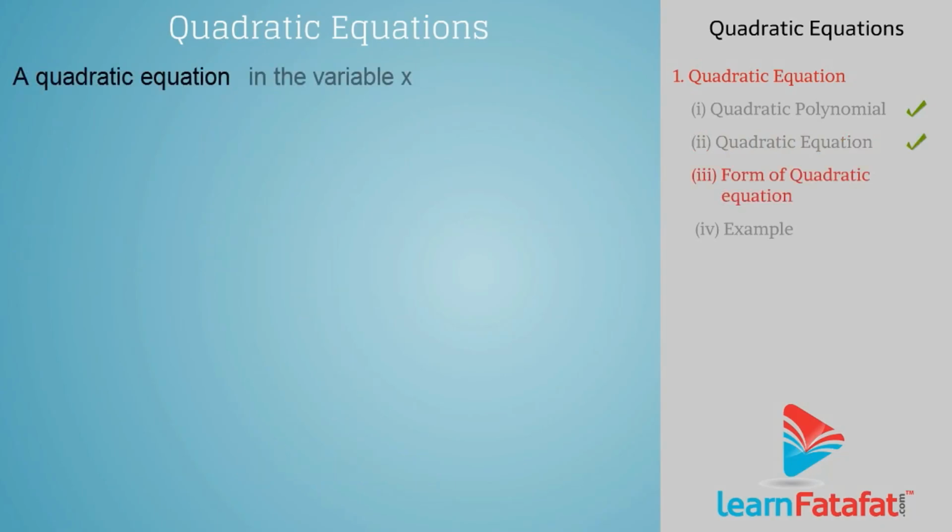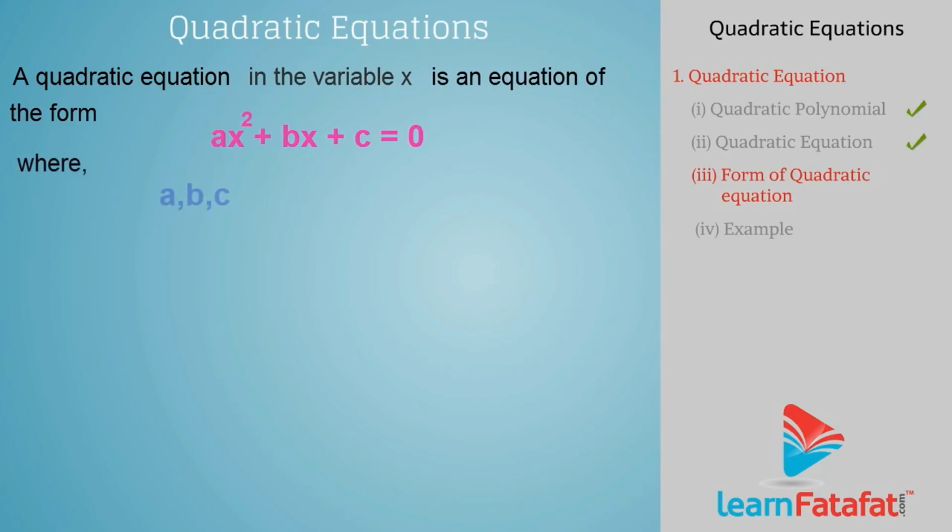A quadratic equation in the variable x is an equation of the form ax square plus bx plus c is equal to 0, where a, b, c are real numbers and a is not equal to 0.